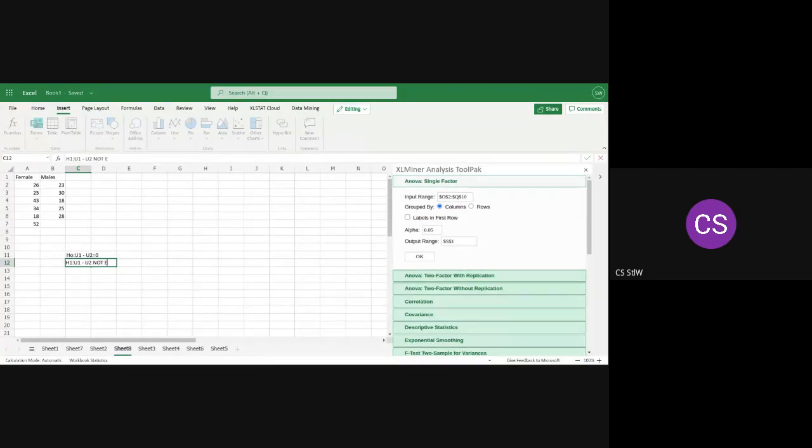Of course, when you say mu1 minus mu2, mu means mean. So when you say mu1 minus mu2 equals 0, that means they are equal, so that when you subtract them, it equals 0. Okay, so that is what we are investigating.